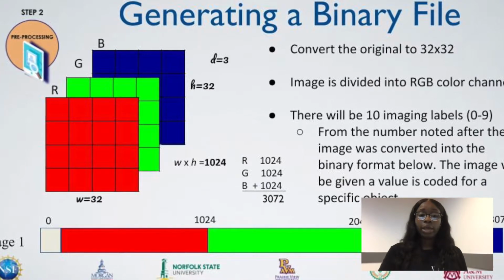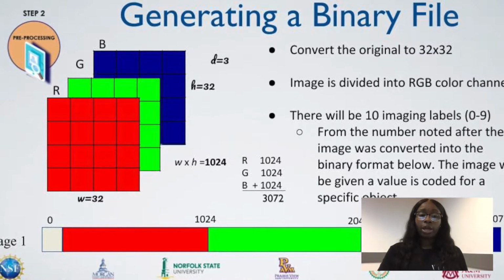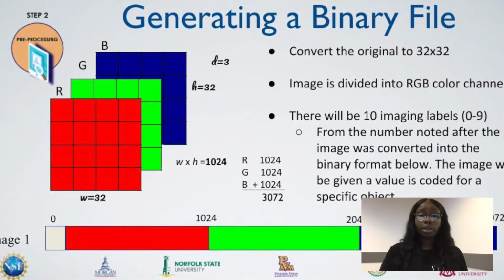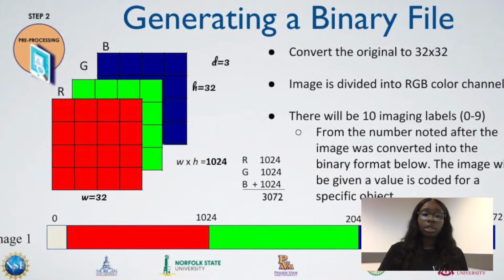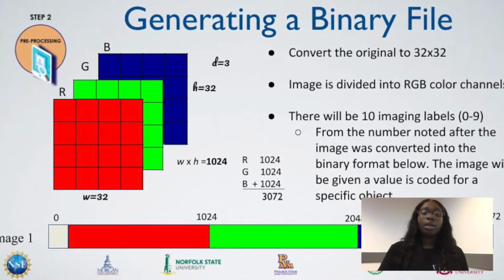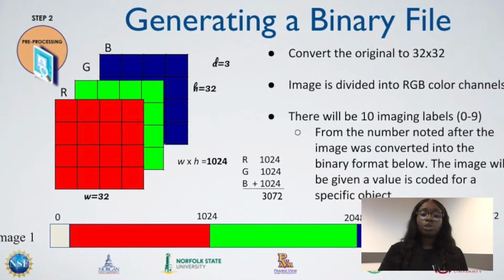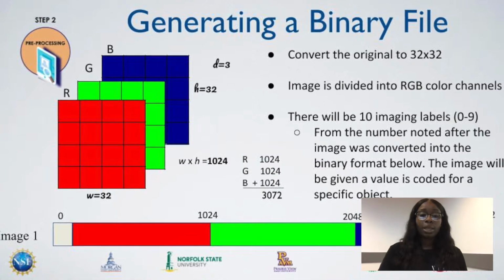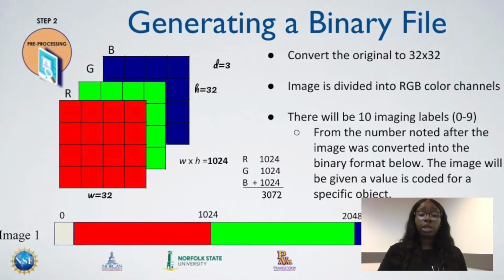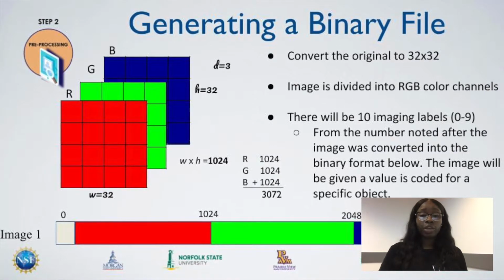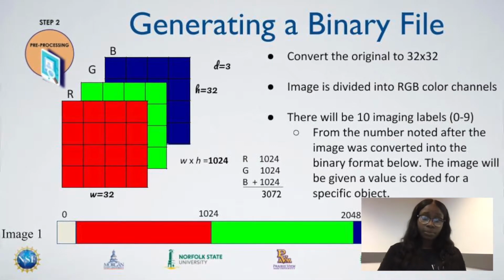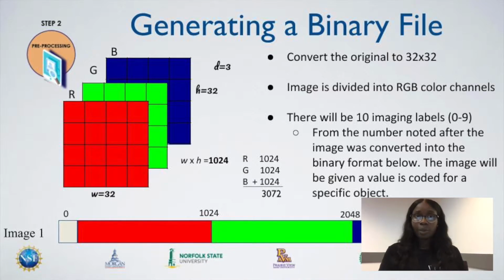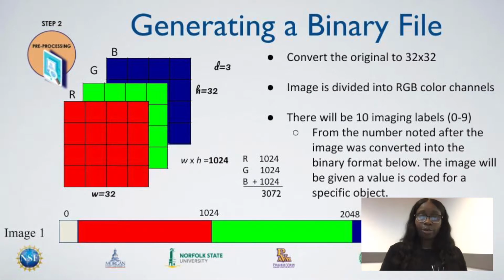In order to get that 1D array, multiply 32 by 32, the width and height, to get the red channel, 1024. The green lines up with the value 2048 once you add another 1024 to that, and adding another 1024 to 2048, you will get 3072. Now the binary file was able to be made because the data array has been formed.